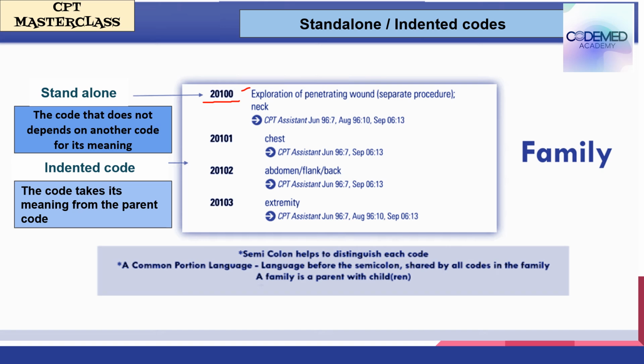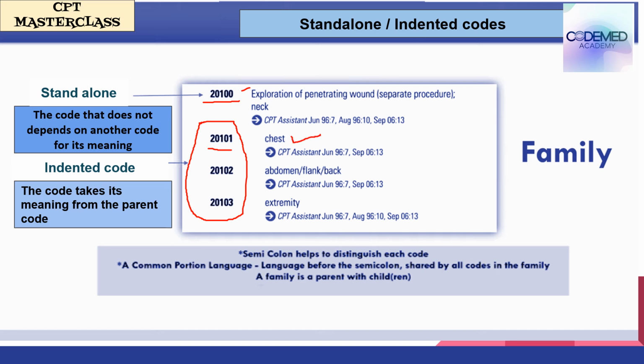Now we will talk about the indented code. The codes 20101, 20102 and 20103 are called indented codes. What is the definition of an indented code? The code takes its meaning from the parent code. So what do you mean by takes its meaning from the parent code? If you see the code 20101, in front of that, the word written is chest.